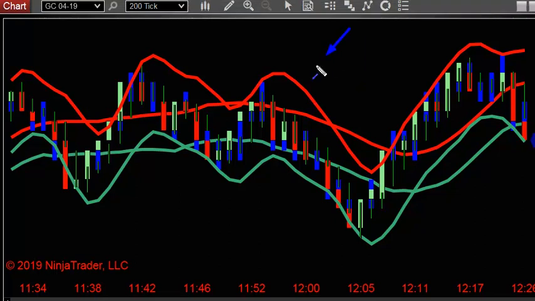Now, if this red potential sell area is a sale, guess what? What I just discussed: green disappears, red starts to happen, spike holds.